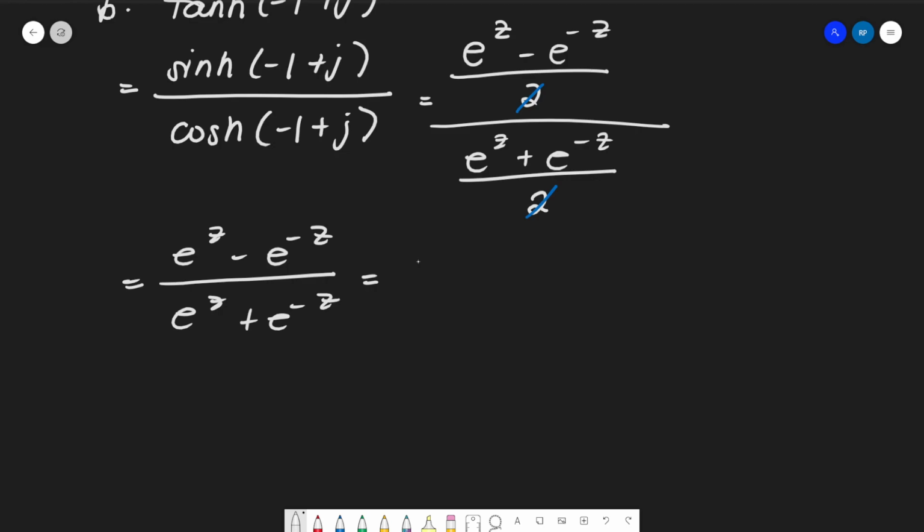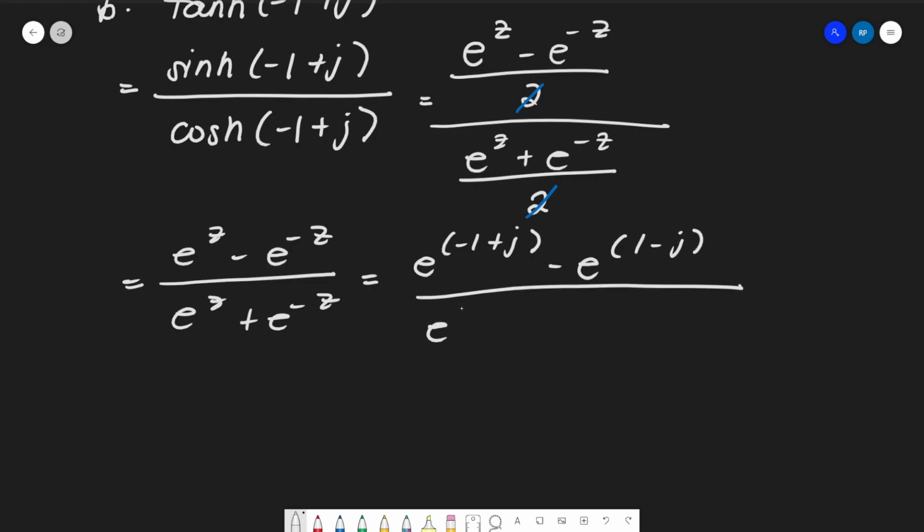So, substitute natin ngayon. We have e raised to negative 1 plus j minus e raised to, magpapalit ng sign kasi negative to, so we have 1 minus j, over e. Copyahin nyo lang, magpapalit lang yung sign sa gitna.